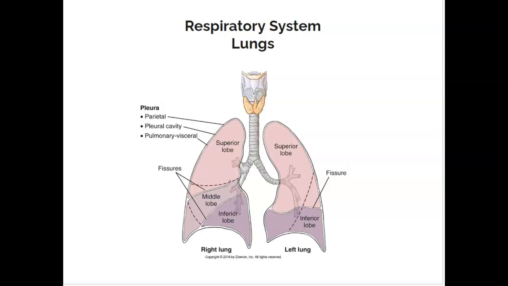And then the inner layer that covers the surfaces of the lung is called the pulmonary or visceral pleura. Last but not least, the space between the double-walled pleura, called the pleural cavity, contains the lubricating fluid that allows the movement during breathing. So it pretty much allows your lungs to move up and down during inspiration and expiration.